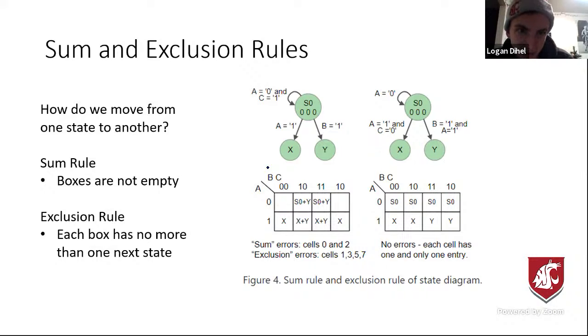So we have to check the sum and exclusion rules at every single point. For example, let's say we're starting at S0. If A is 0 and C is 1, that looks like these cases.